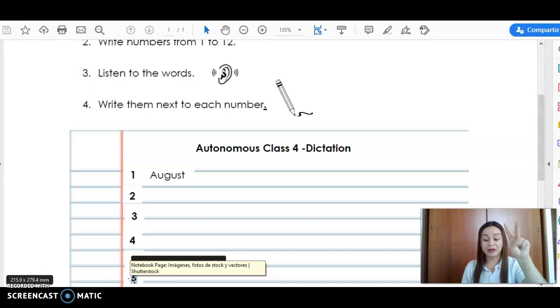A. Ooh, that one is only 2 sounds, but it has 3 letters. So it's A. This A is together, okay? But remember that there are 3 letters.